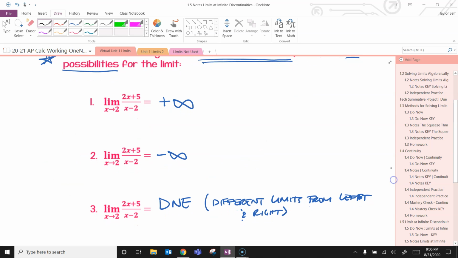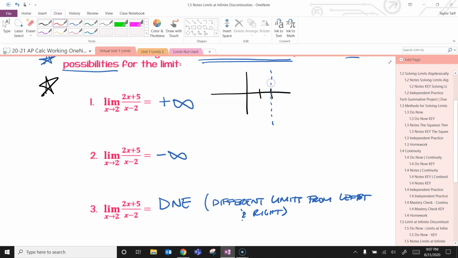I want y'all to draw what these look like on graphs. So next to these 3 possibilities, let's draw what they would look like. The limit equaling positive infinity. This is just going to be helpful for us to visualize. We're going to put the asymptote at x equals 2, and we're going to draw what the limit equaling positive infinity would look like.